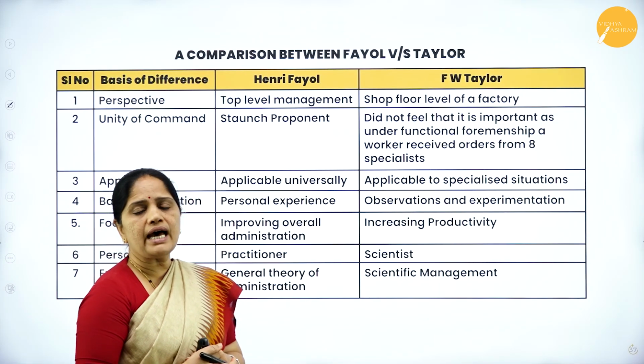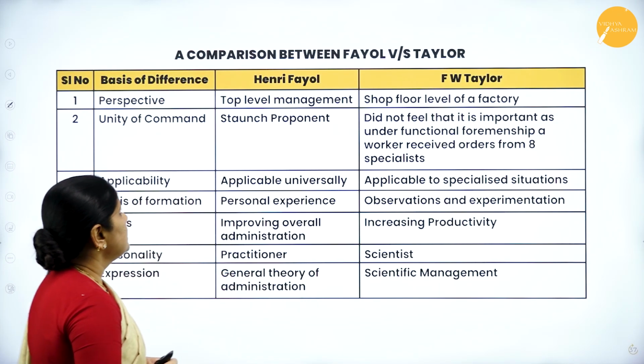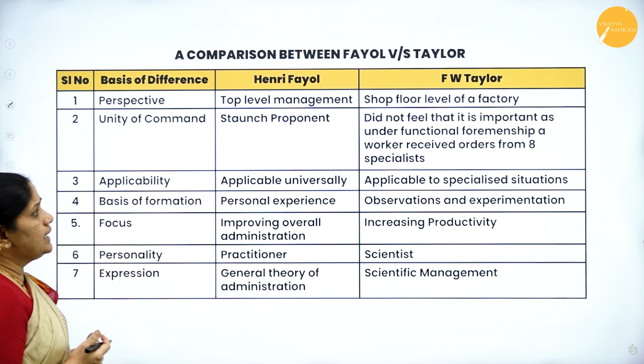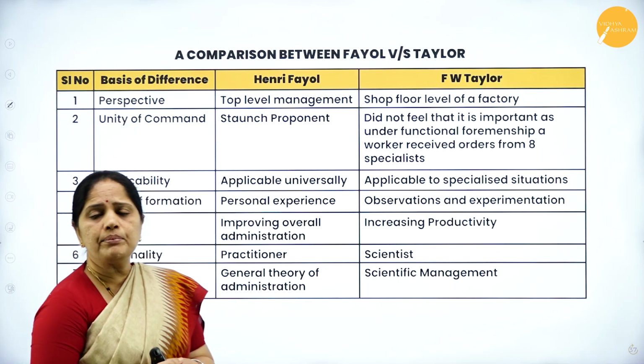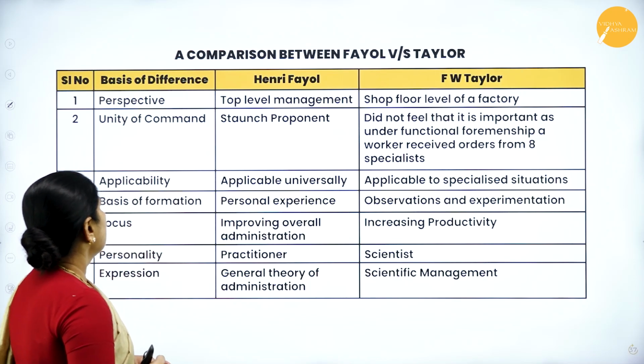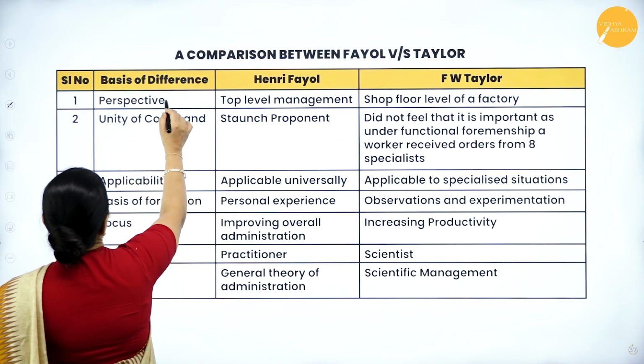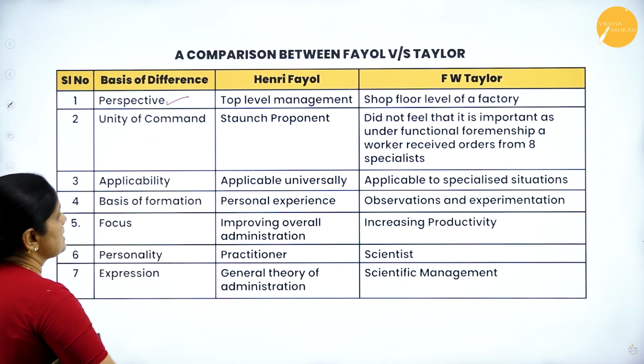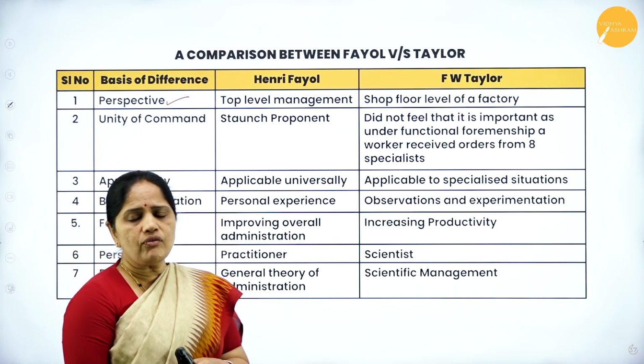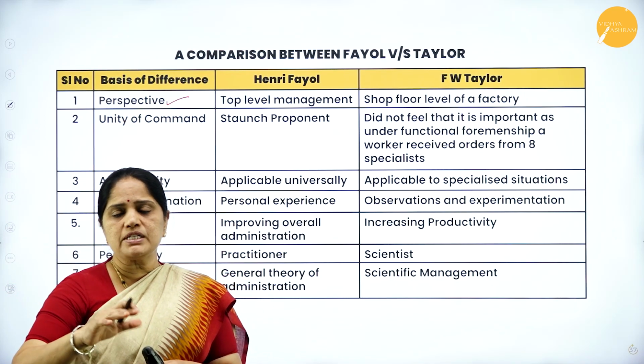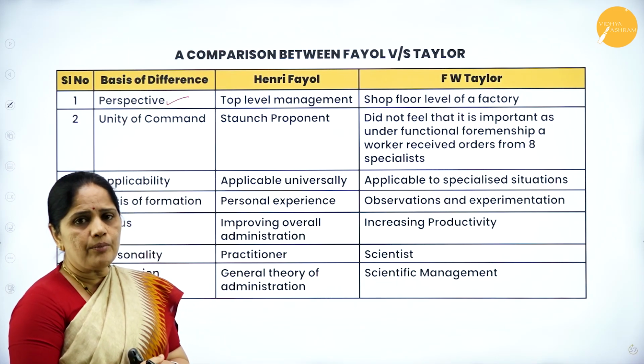Now let us have a comparison of the F.W. Taylor and Henry Fayol's principles of management. For the basis of difference, the first basis is the perspective. So, in what perspective have these principles of management been propounded?